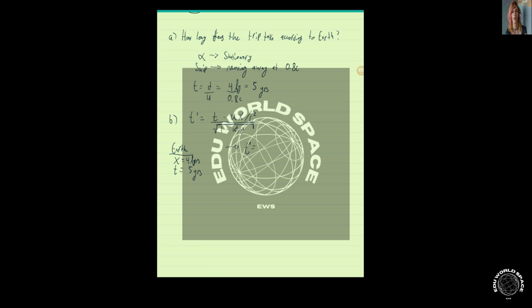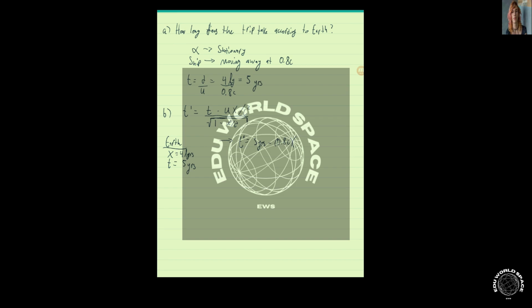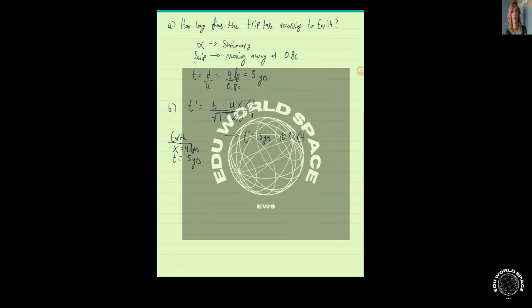But the Lorentz transformation, plugging everything in, we'll have t is the 5 years. We have u is 0.8 c, so we have 0.8 c times 4 light years. So 4 light years is essentially 4 c times years.